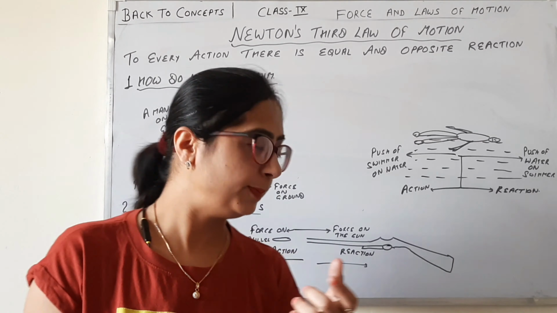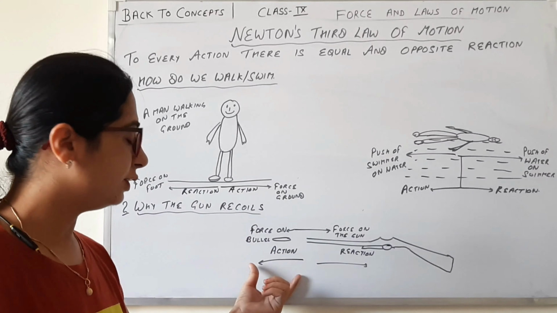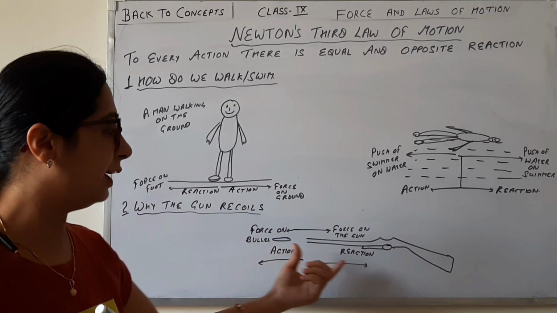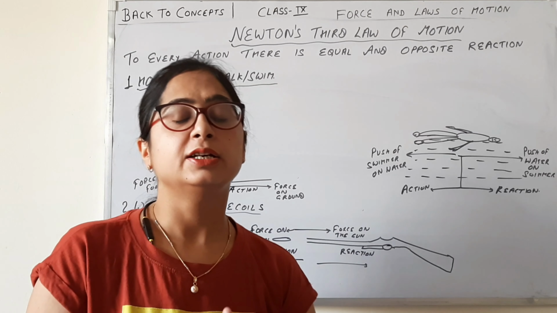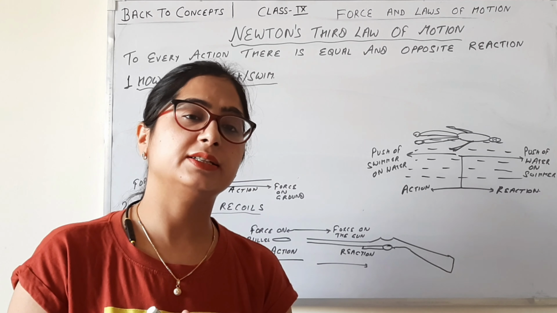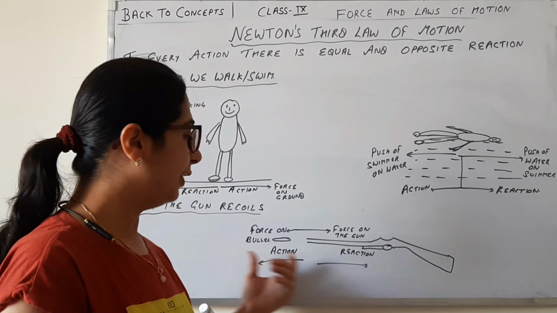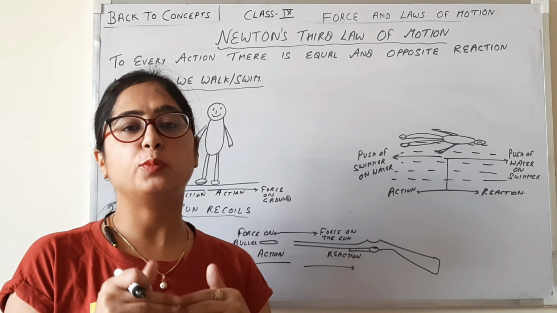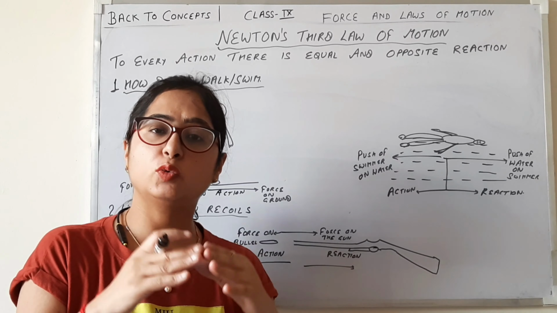So we apply force on the bullet. This is known as the action by the gun on the bullet, and this is known as the reaction. According to Newton's third law of motion, for every action there is an equal and opposite reaction. The point to note here is that the forces of action and reaction are equal and opposite.